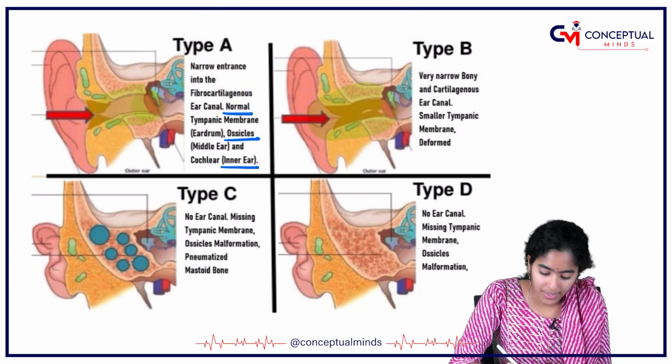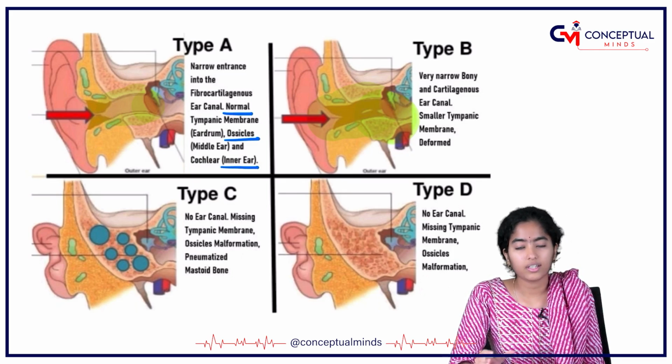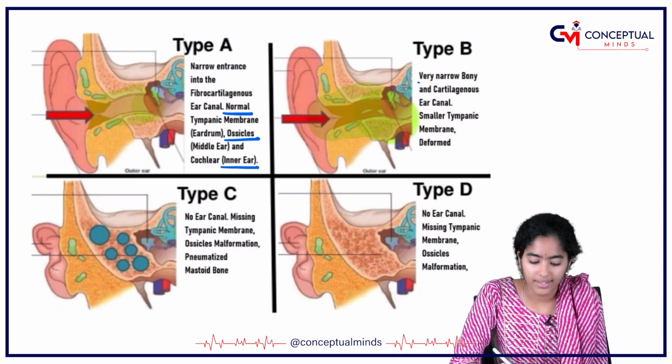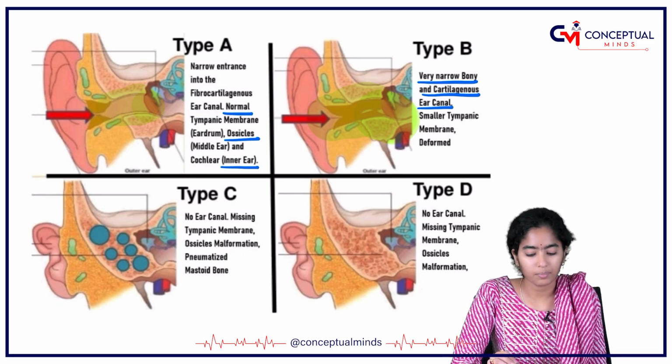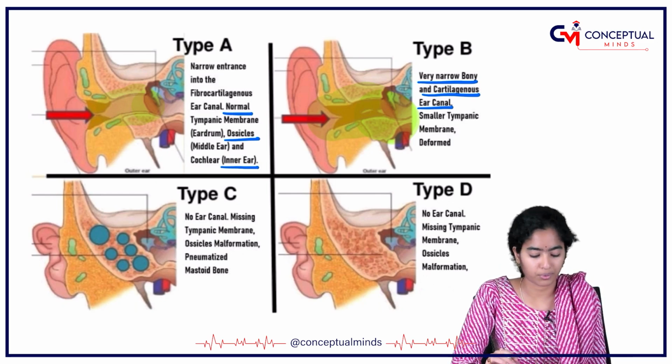The ear ossicles and inner ear are normal. The same thing is written here: very narrow bony and cartilaginous ear canal, smaller tympanic membrane, and that tympanic membrane is also deformed. It is small and deformed.